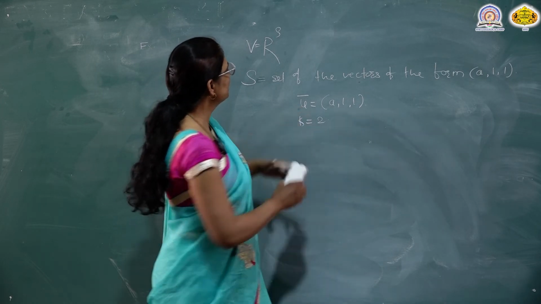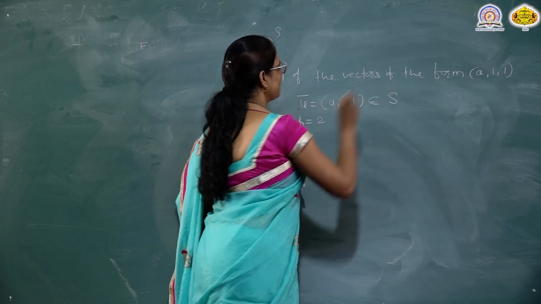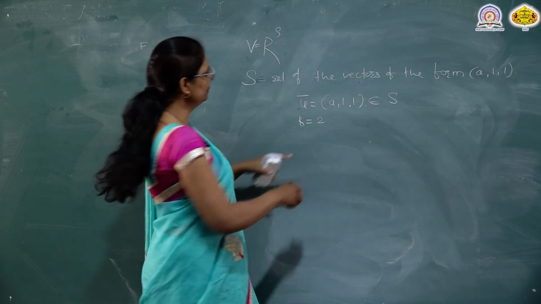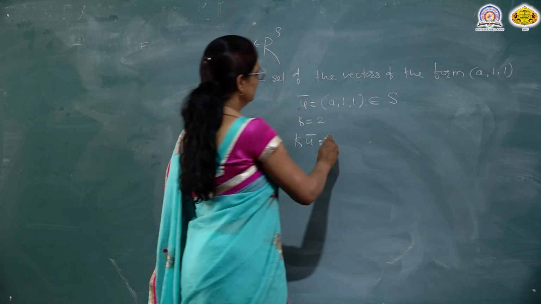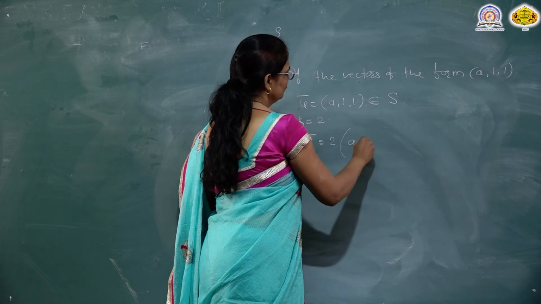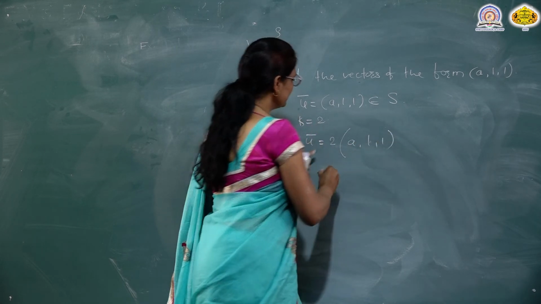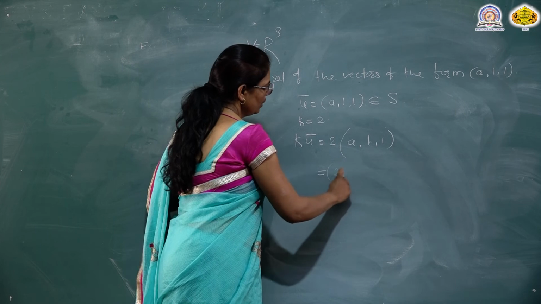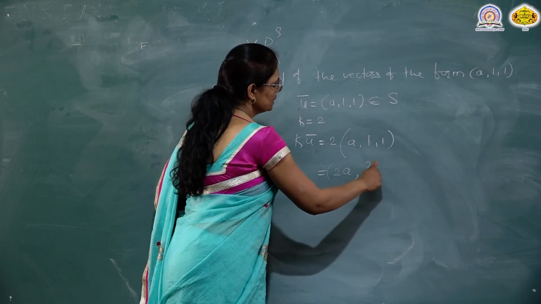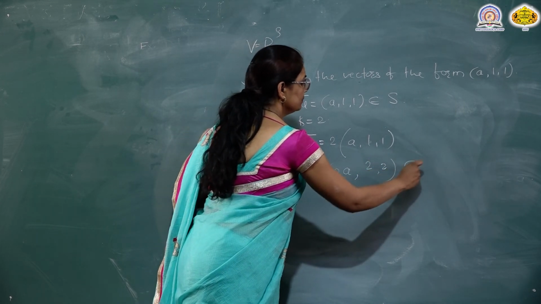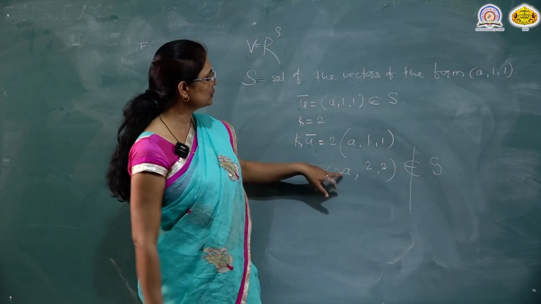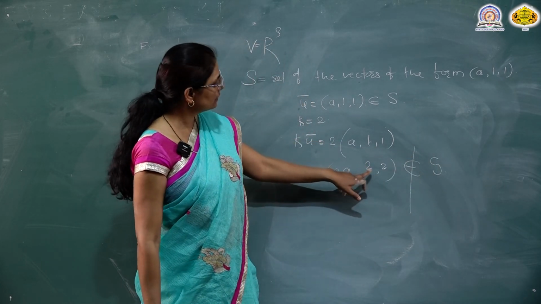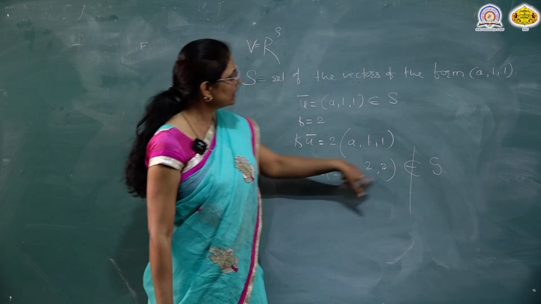So we take u bar. Obviously it is from S. Take k equal to 2. Now calculate k times u bar. So we consider 2 times (1, 1, 1), which is the same as (2, 2, 2). This vector does not belong to S. Why does it not belong to S?